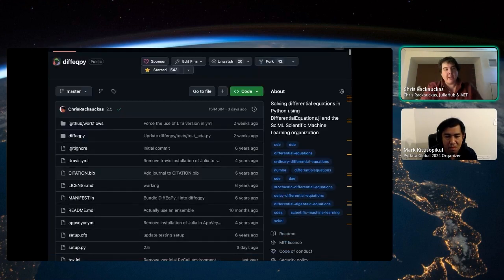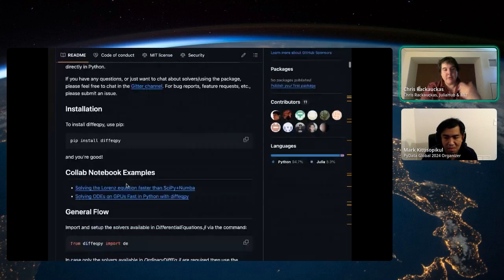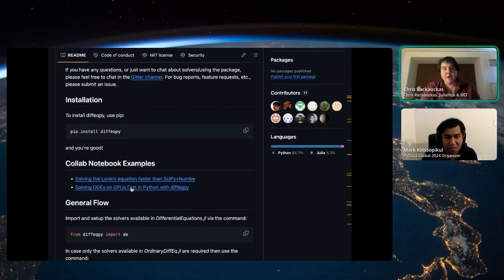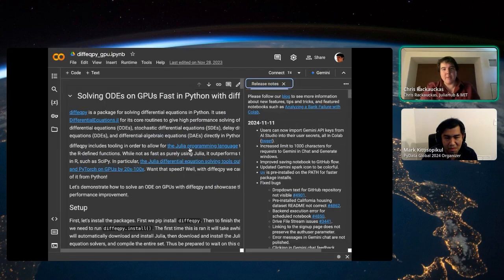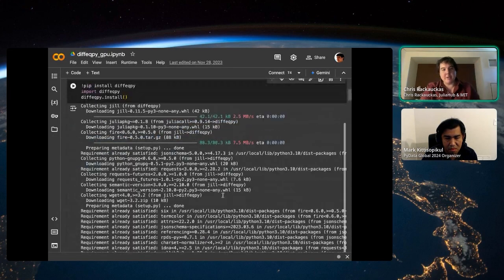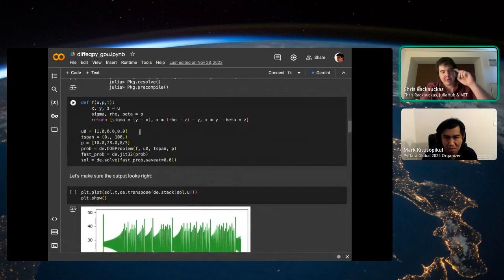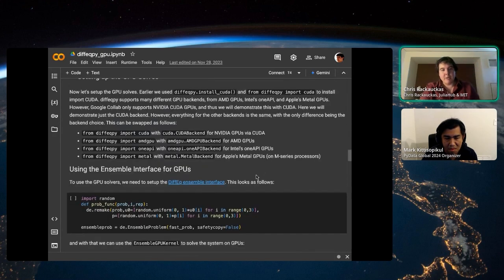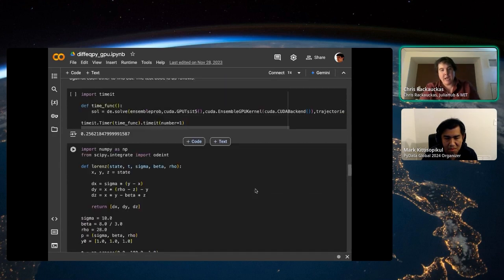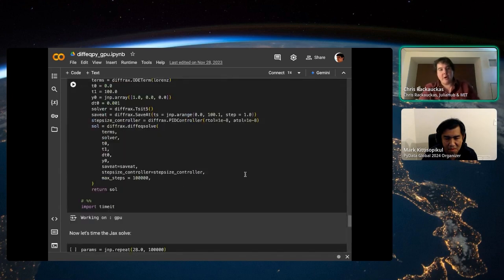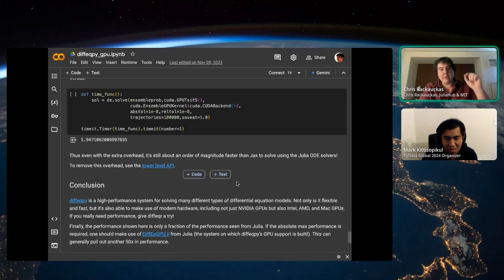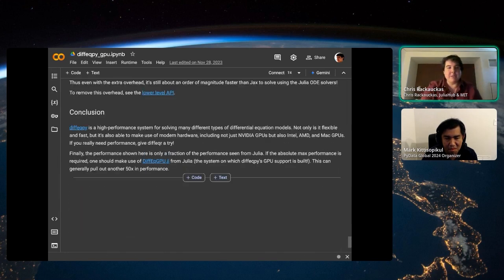And remember, I said that the GPU computing is so much faster than something like JAX. We do have, for example, this Colab document which shows that in Python we can take a Python described ODE, JIT compile it to Julia, and then run it about 10 times faster than JAX on GPU from the Python interface itself, right?